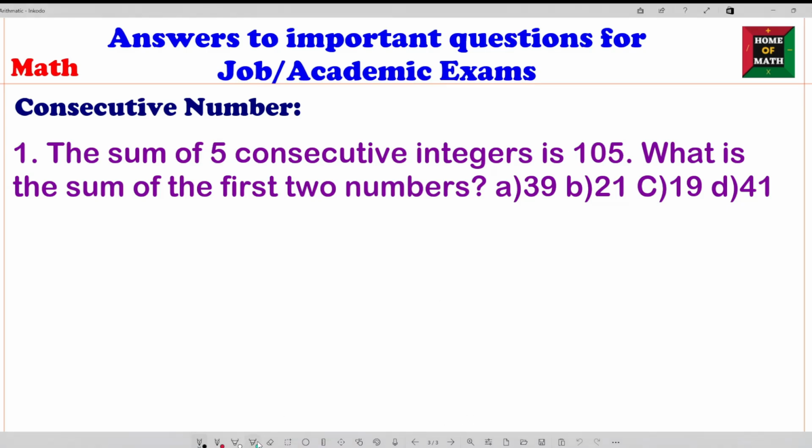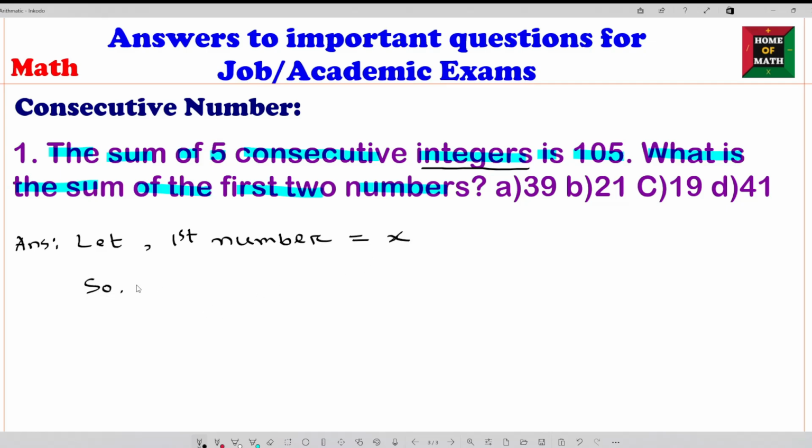Our first question: the sum of 5 consecutive integers is 105. What is the sum of the first two numbers? Look, here it is integer, it means no negative or 0. So let the first number equal x.